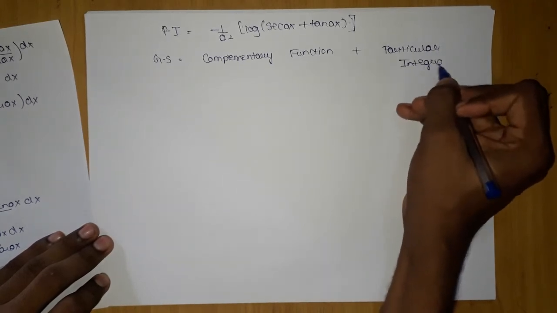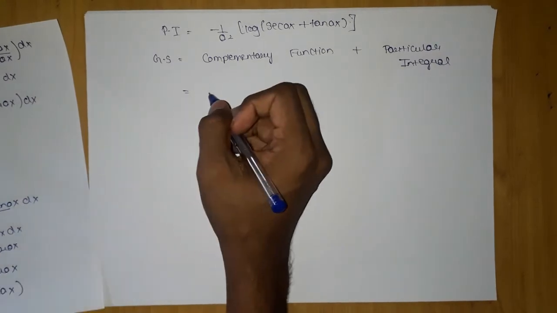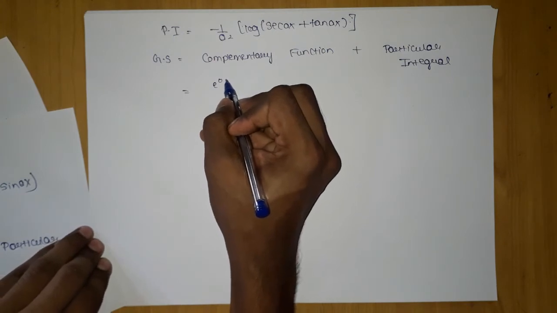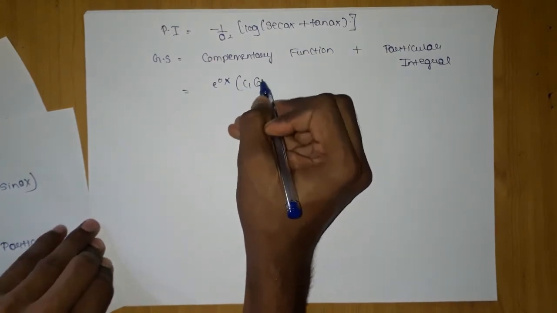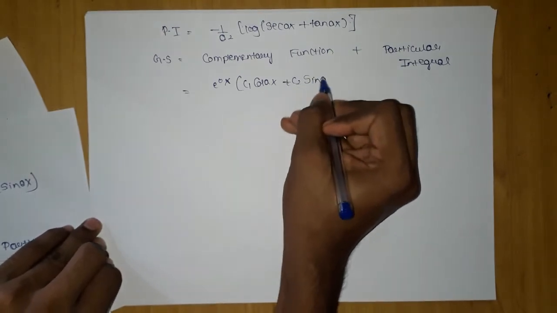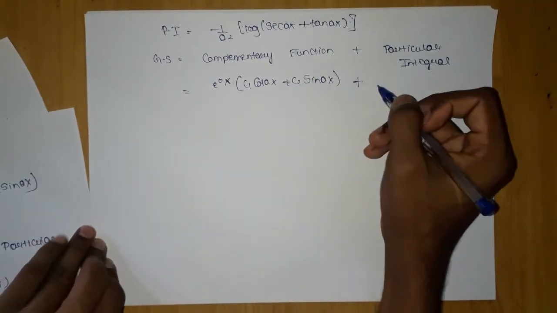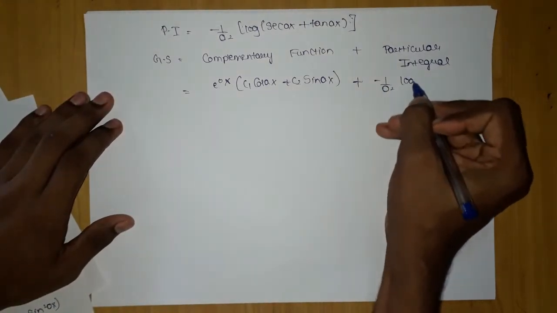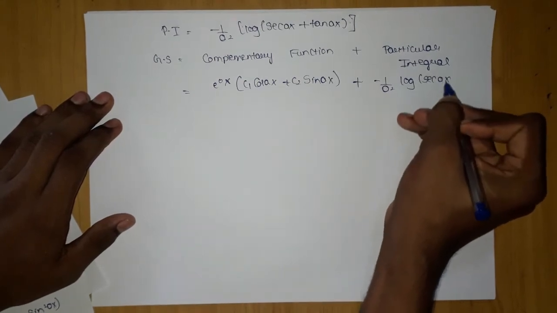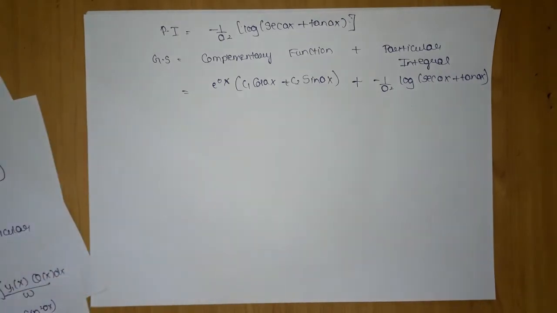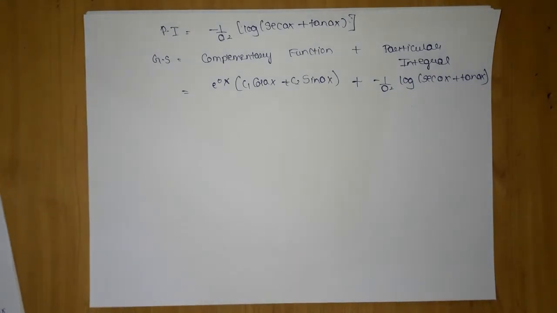So if we substitute the things, we have the complementary function, which was very simple, e to the power 0x into c1 cos ax plus c2 sin ax, plus the particular integral, which will be nothing but minus 1 by a square log bracket sec ax plus tan ax. So this is our required answer. Hope you have understood each and everything. Now let's move on to the next question which we are going to take.